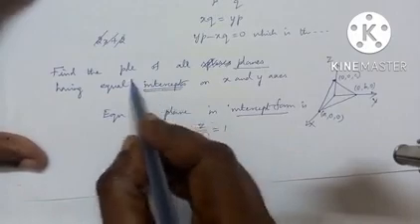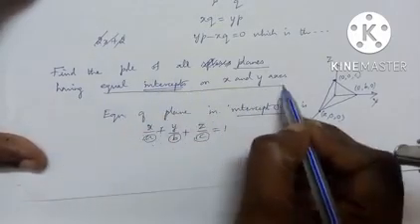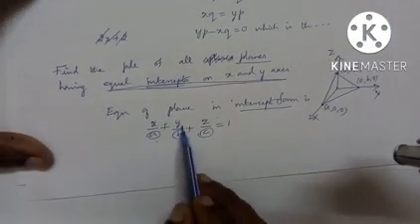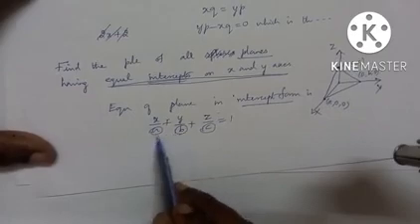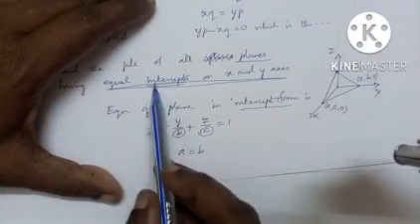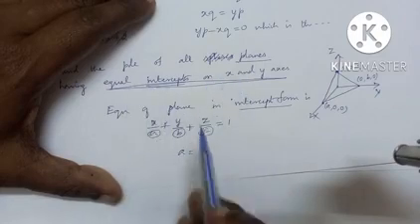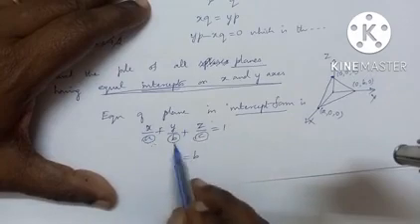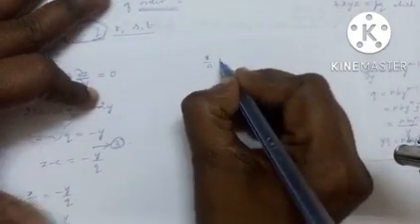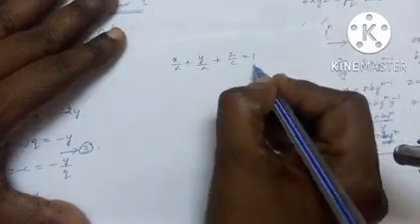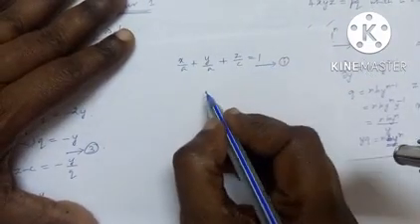Read the given problem: equal intercepts on x and y axis. The x-intercept is A, the y-intercept is B, and the intercepts are equal, so A is equal to B. So this equation becomes x by A plus y by A plus z by C equal to 1, which is the first equation.